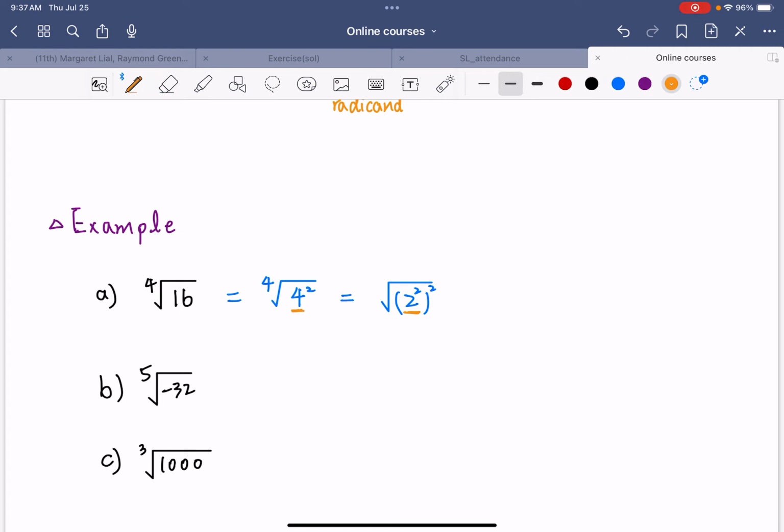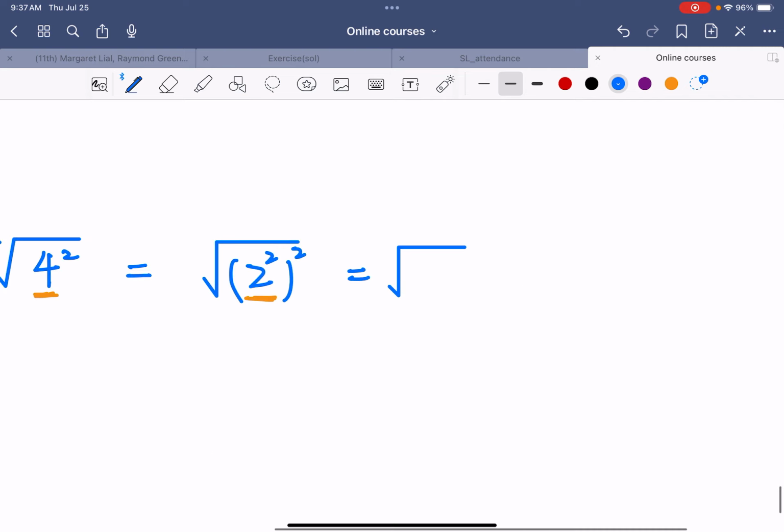Then we calculate the powers here. One is inside a bracket and one is outside, so we do multiplication on them. So what we get will be 2 with the power of 4, and here we missed the index. With an index of 4, we can cancel these two numbers. Then we will get 2 as our final answer.